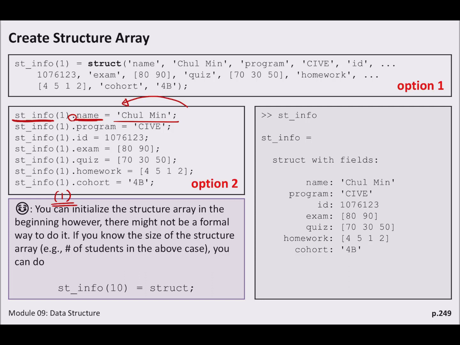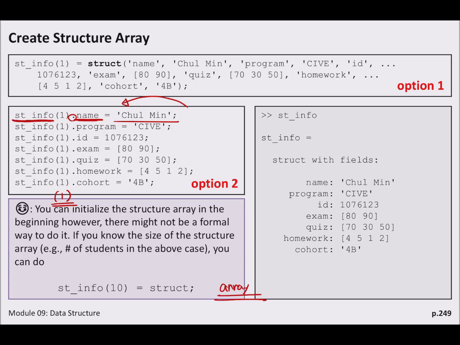This one is an array. This means we can make an array of structures. In the previous topic we made an array of cells. This one is the same, an array of the structure variable.